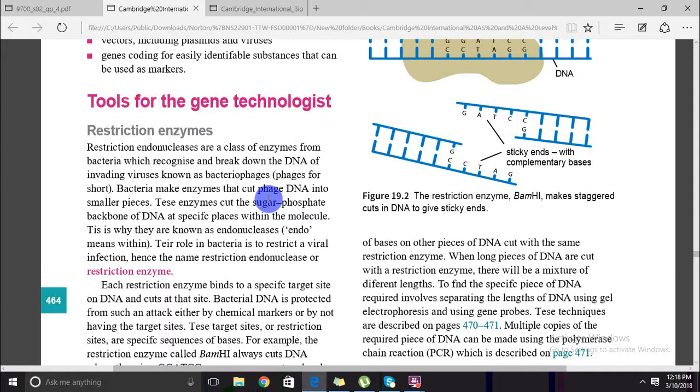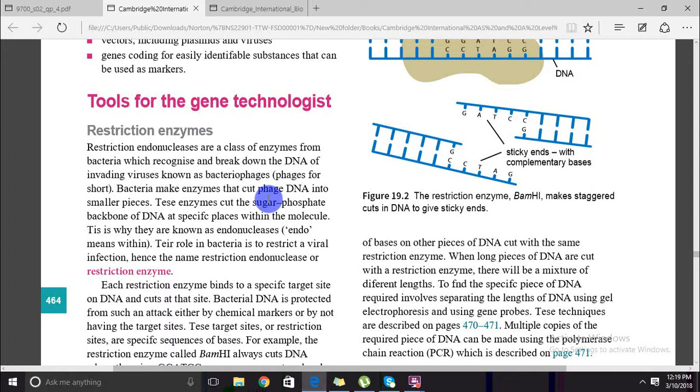And the term specific places shouldn't really surprise you, because like all enzymes, restriction endonucleases are also really specific, meaning that one kind of restriction endonuclease will only cut up the DNA at the sugar phosphate backbone, and the place where that specific enzyme will cut will correspond to a specific base sequence.